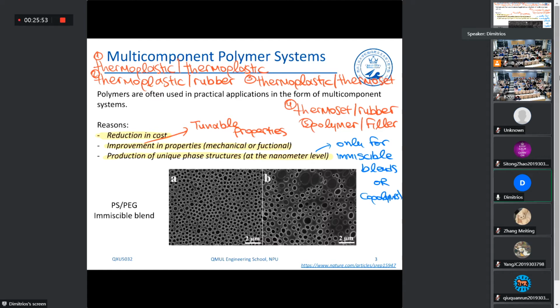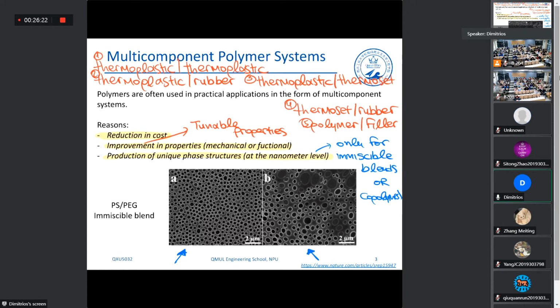Okay, because you realize that in order to create this phase structure, we need to have 2 different phases. Okay, if we have one phase which points towards full, complete miscibility, then we cannot produce these phase structures.